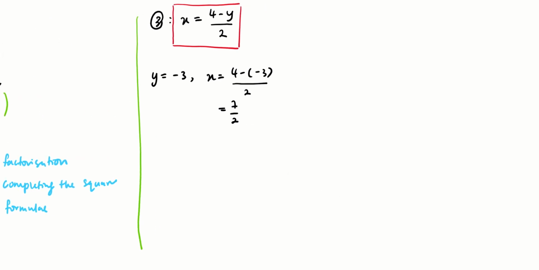And when y equals 1, my x equals (4 minus 1) over 2, it is equal to 3 over 2.